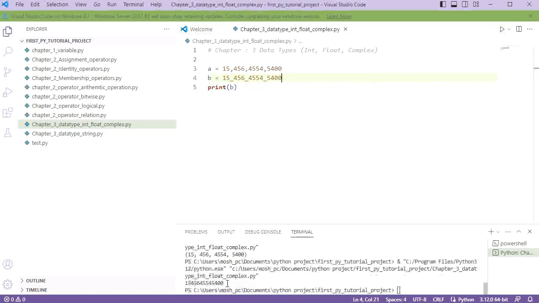So here you can see the difference between comma and underscore. We can use an underscore as a delimiter instead of a comma.